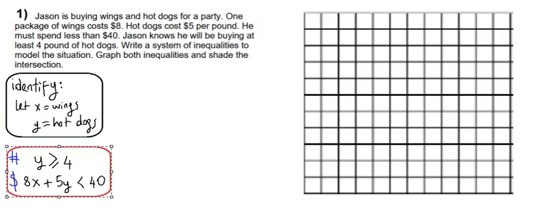We can start graphing the first inequality, y is greater than or equal to 4. So first label. Let's label the x-axis as wings because that's what we decided. And y variable is the hot dogs. After you labeled, you can scale your graph.